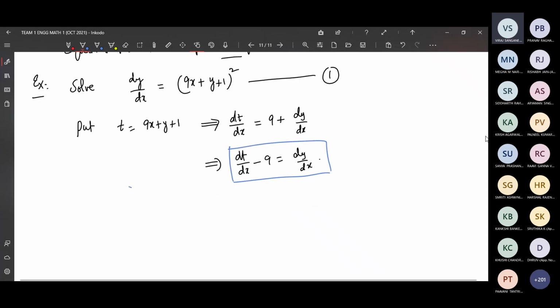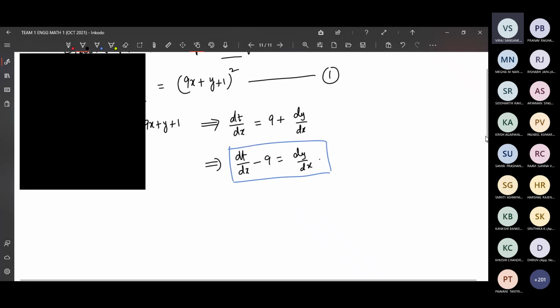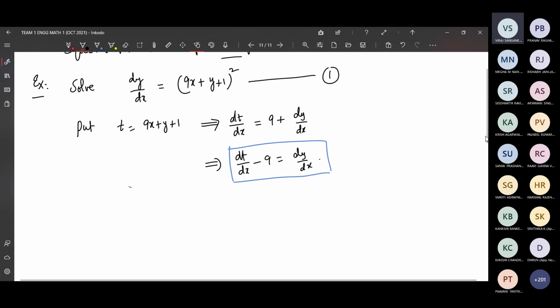So this new equation is dt by dx minus 9, because dy by dx is nothing but dt by dx minus 9, and on the right hand side you have t square, because 9x plus y plus 1 is t.